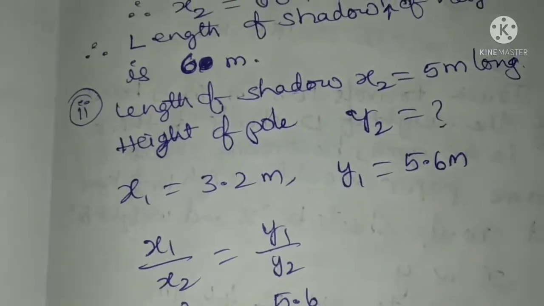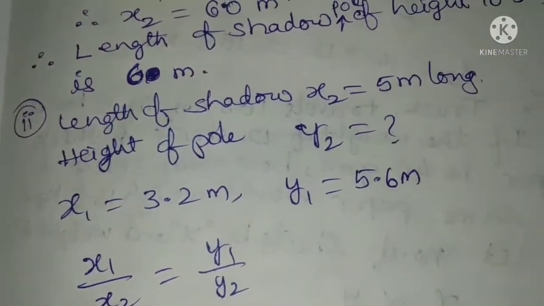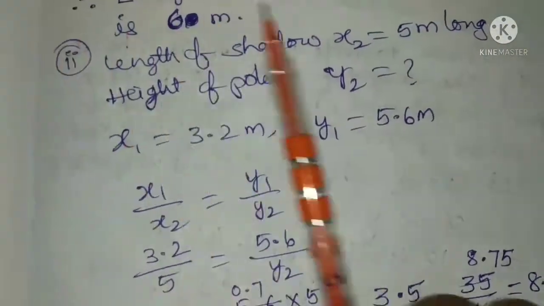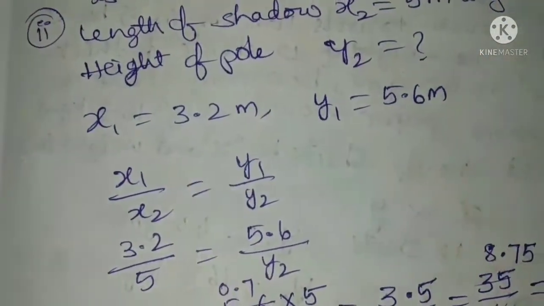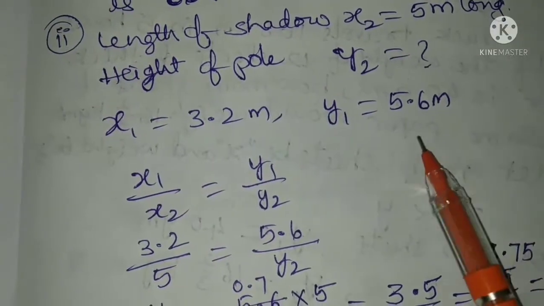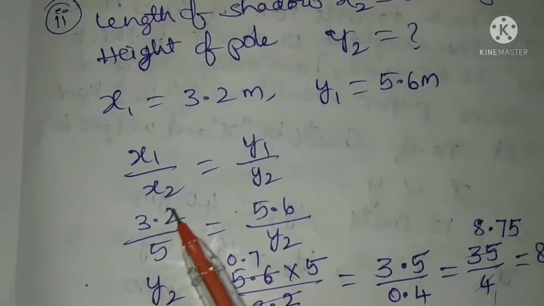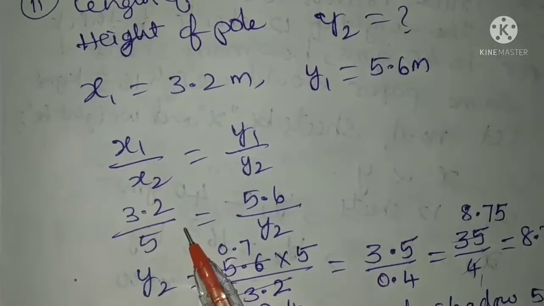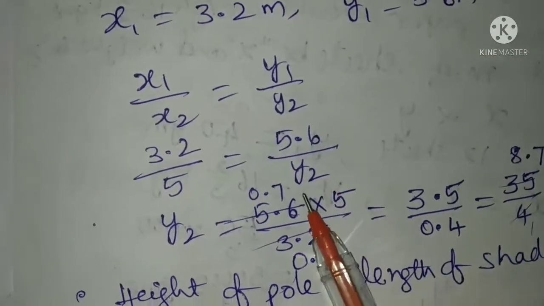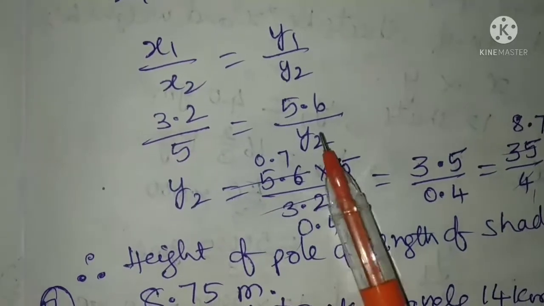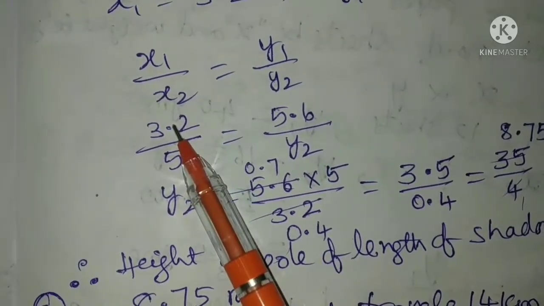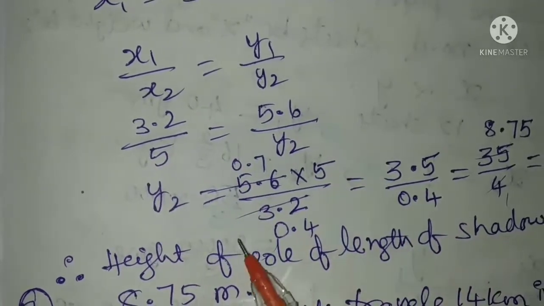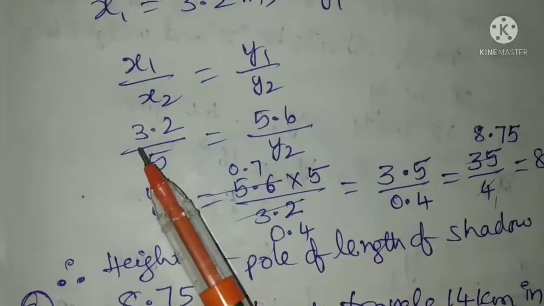If the length of shadow x2 is taken as 5 meters long, we have to find the height of the pole. y2 is equal to, y2 goes this side, numerator 3.2 comes down, 5 goes up here, 5 times 5.6, and 3.2 comes down.